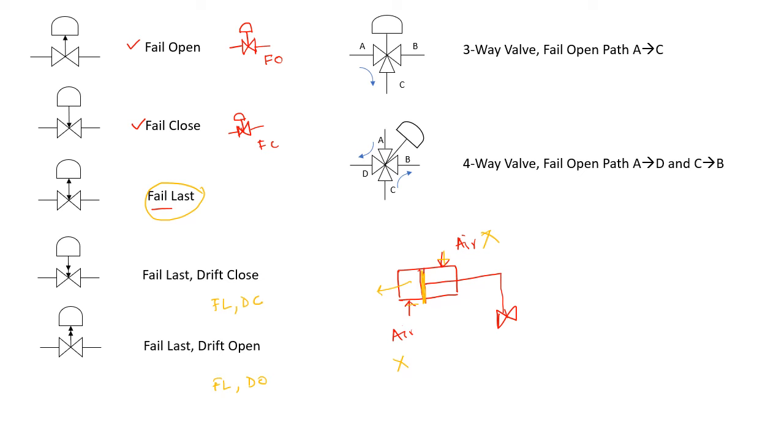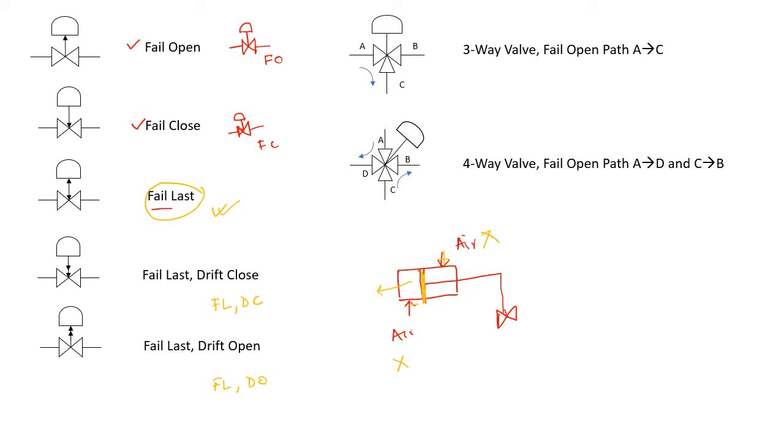But sometimes, with additional pneumatic accessories outside the valve, it is designed in such a way that the valve will stay at a fixed position. It will not move. This is done by additional accessories. In that case, you can call the valve fail last.